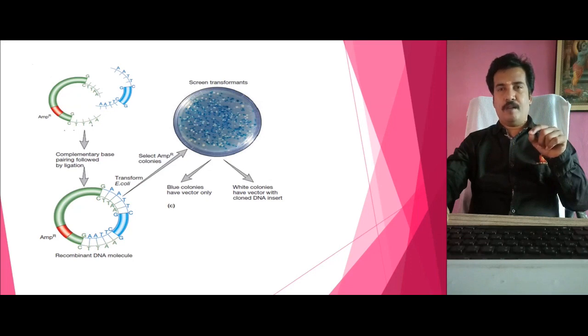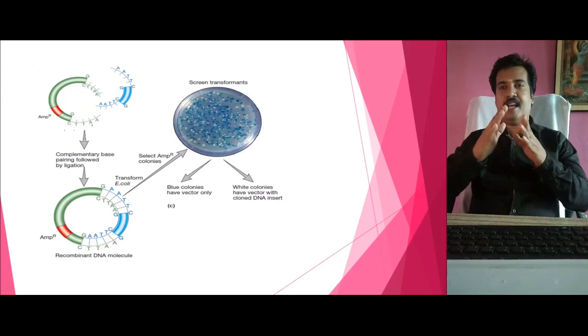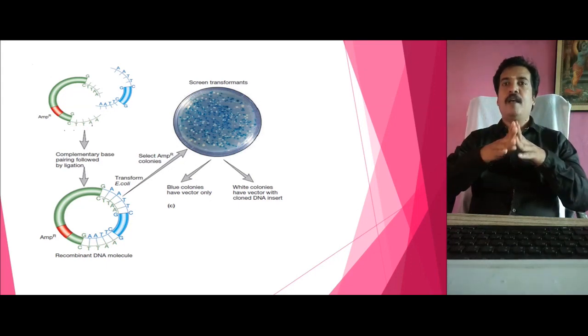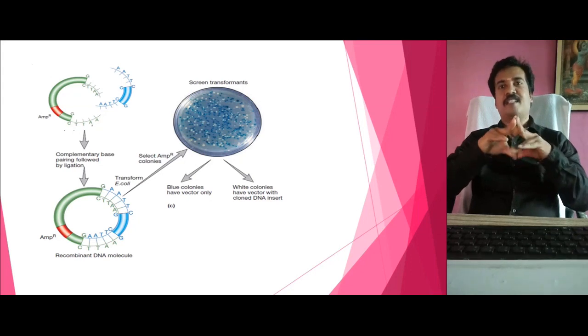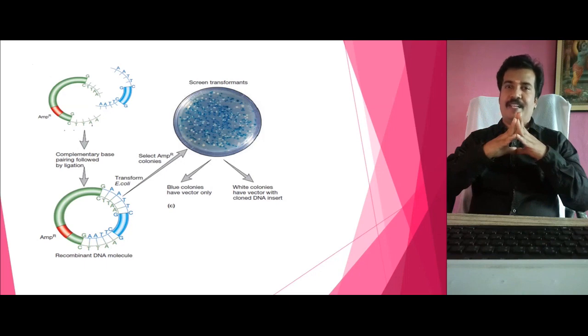So this one is treated with DNA ligase. Because of these cohesive ends, it will anneal and form an rDNA, a recombinant DNA molecule, that is the vector carrying the foreign DNA. But here the ampicillin resistance site will be intact, whereas the lacZ gene will no longer be intact.